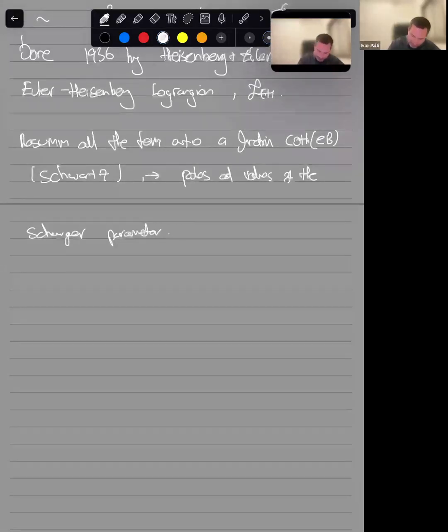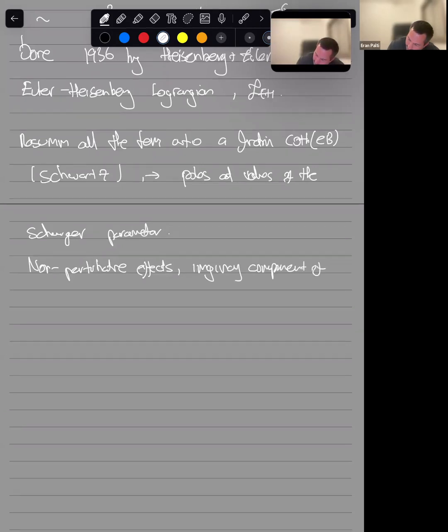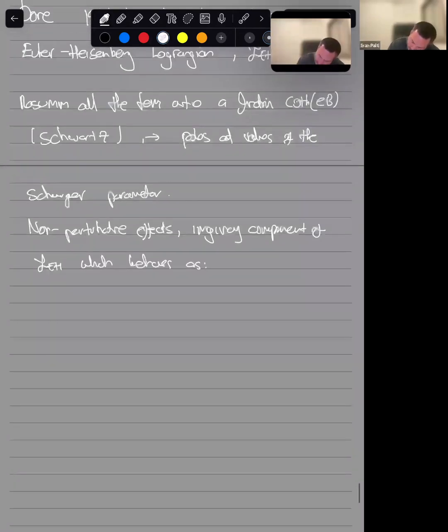These lead to non-perturbative effects, in the following sense: they give you an imaginary component of the Euler-Heisenberg Lagrangian, which behaves as something extremely similar to what we're finding, 1 over n squared, e to the minus n times the mass of the electron squared over the charge of the electron, 1 over h bar.